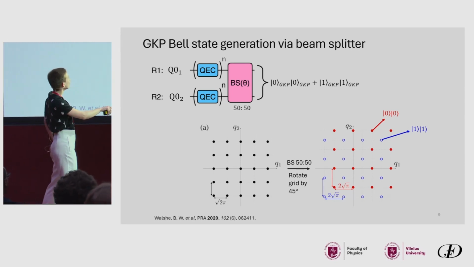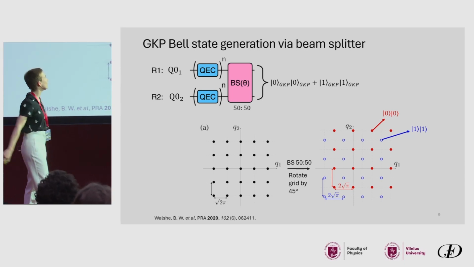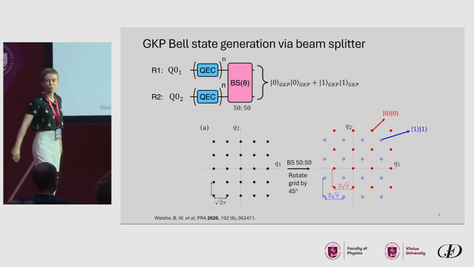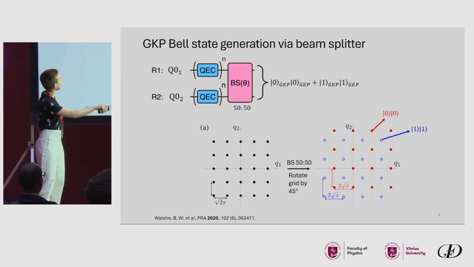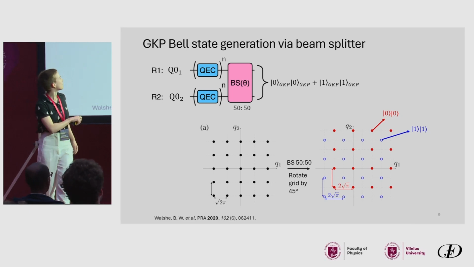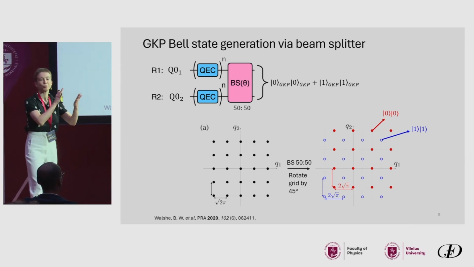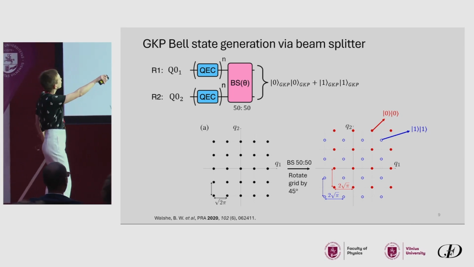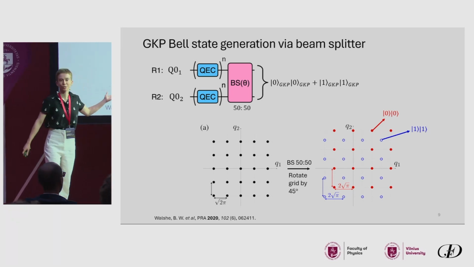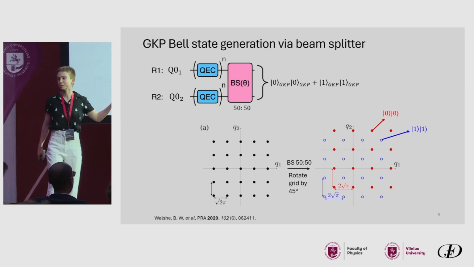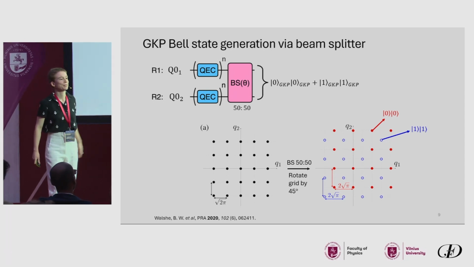The red grid here is spaced by 2 root pi, and it is GKP 0,0. And the blue grid here is GKP 1,1. So the superposition of those two grids gives us our GKP Bell state. Good. So that's the theory of the experiment that we want to perform in our system.